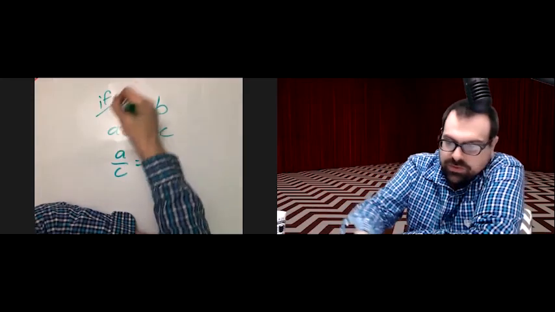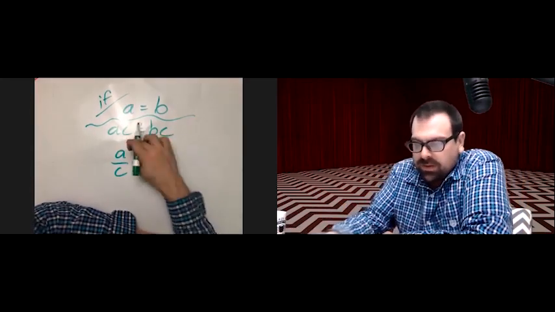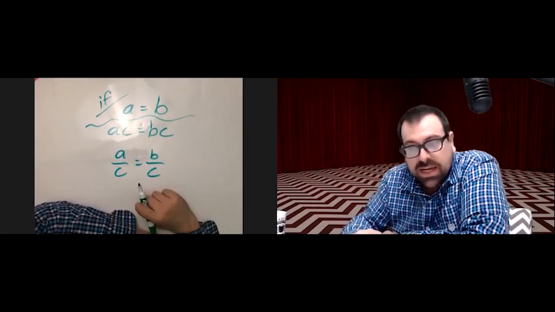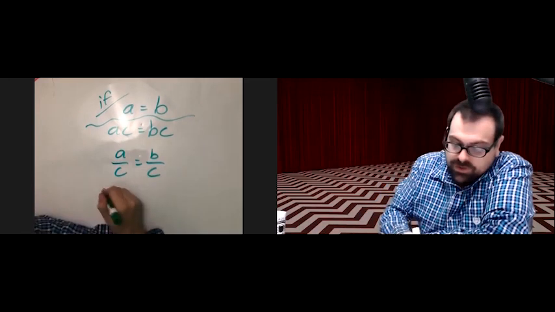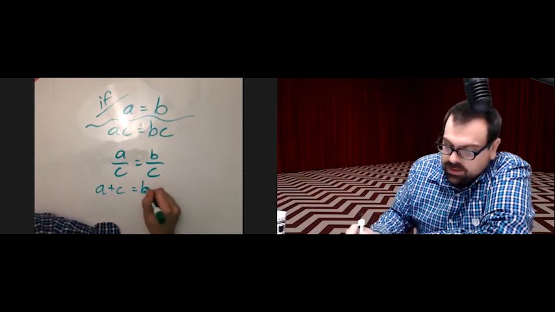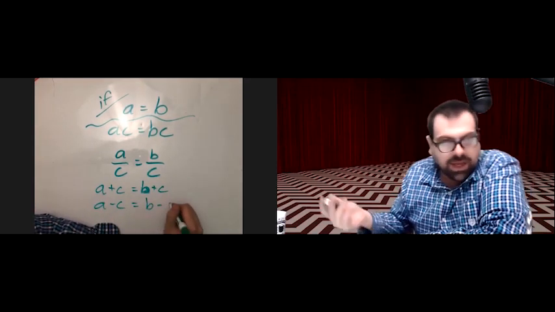If it's true that A equals B, then we can multiply both sides by the same thing. We can divide both sides by the same thing, just like we were able to add and subtract.